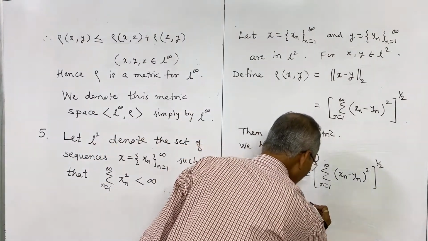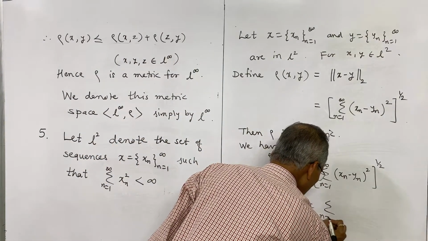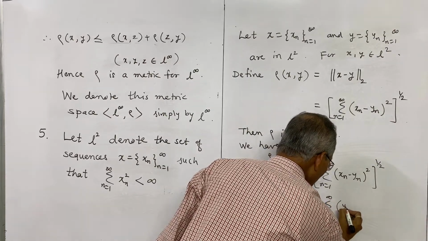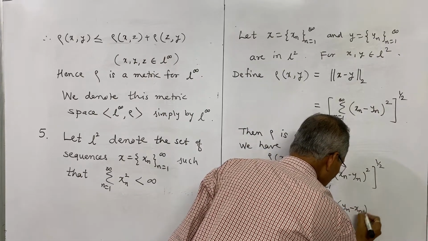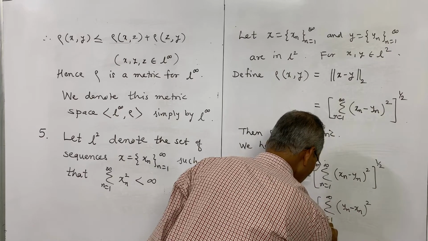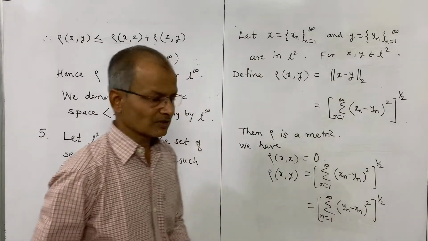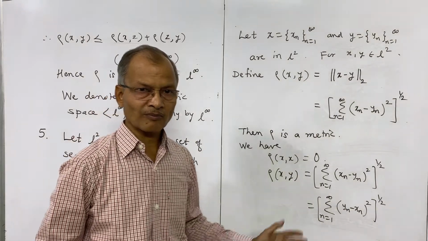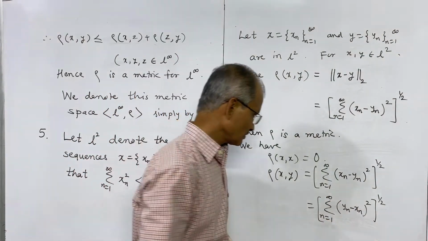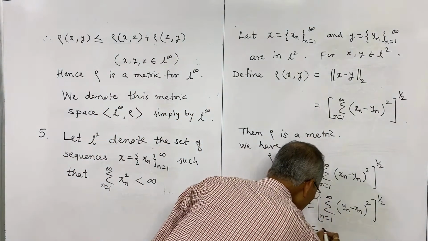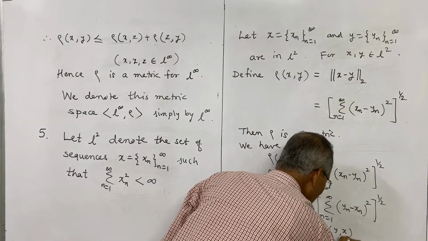So this can be written as summation of square of yn minus xn, raised to half, because the square of a minus b is the same as the square of b minus a, and thus this is rho of y and x.